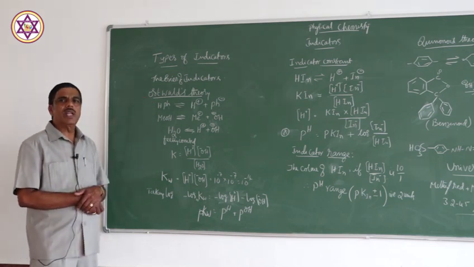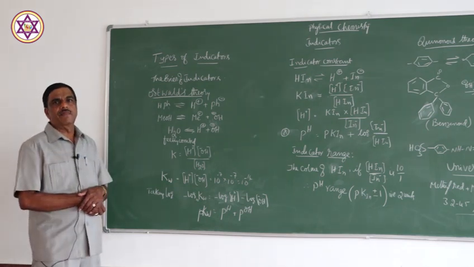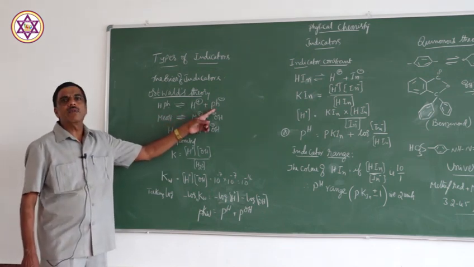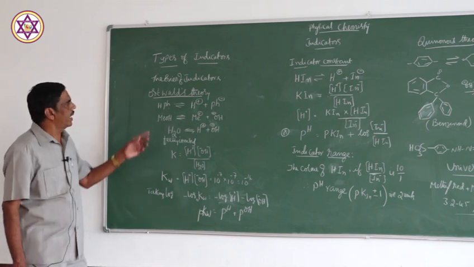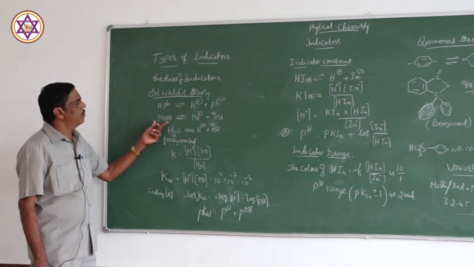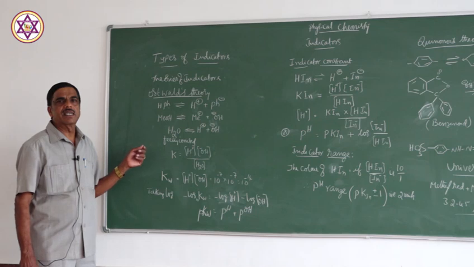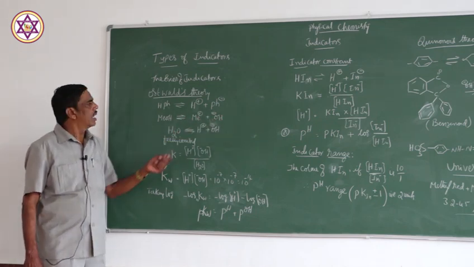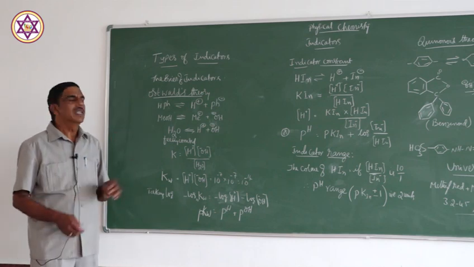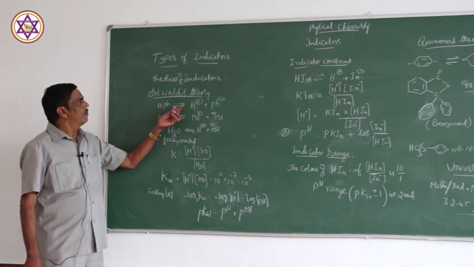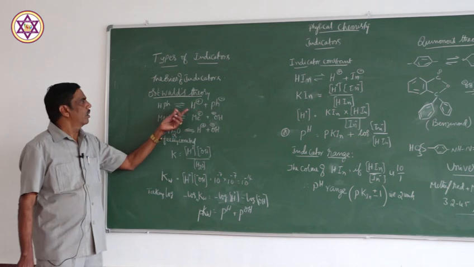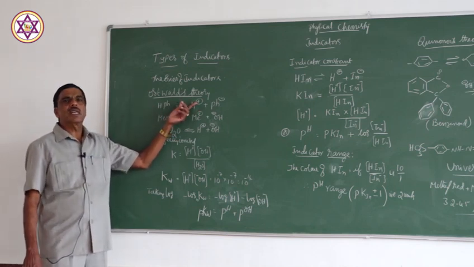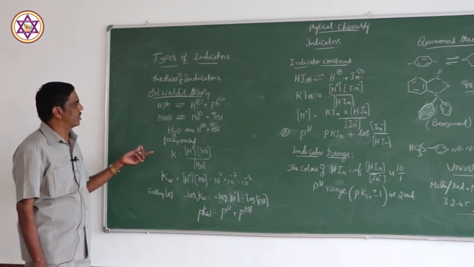Phenolphthalein ionizes in solution to form H plus and anion of phenolphthalein, Ph minus. Similarly, methyl orange, which is slightly basic, ionizes to form a cation and hydroxide ion. The theory says that the ionized form has a different color when compared to the unionized form. So, this ionization takes place at a particular pH range.